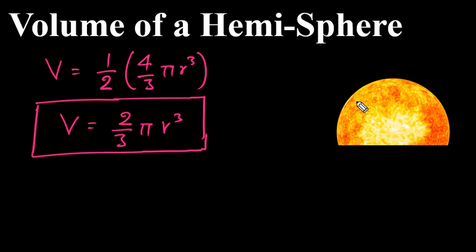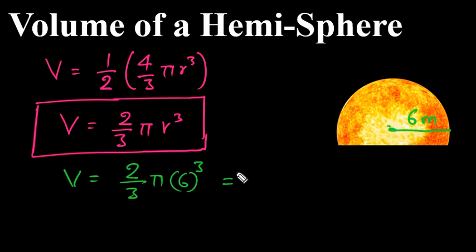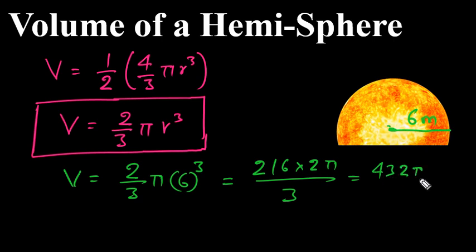Now here, let's say the radius here is 6 meters. Substitute the value. Volume is equal to 2 over 3 pi 6 to the power 3, and that will give you 6 to the power 3 is 216 times 2 pi divided by 3, and that is 432 pi divided by 3 meters cubed.